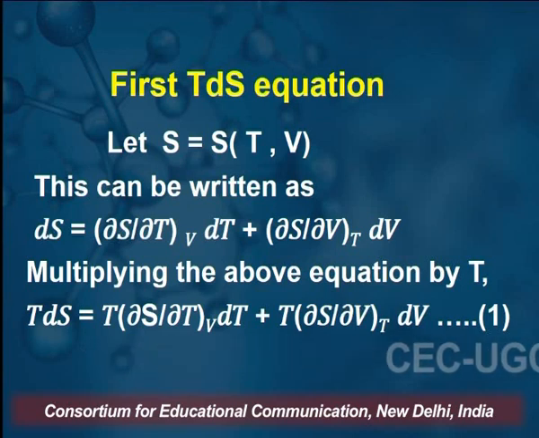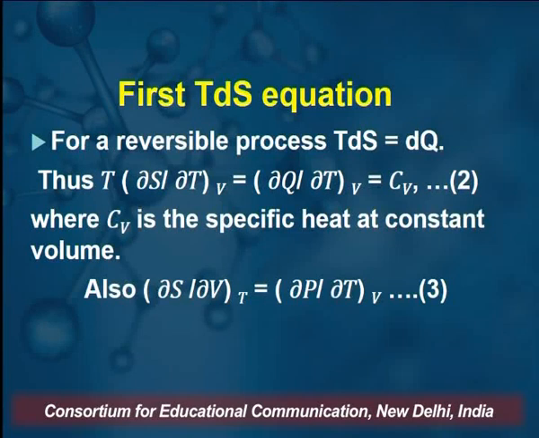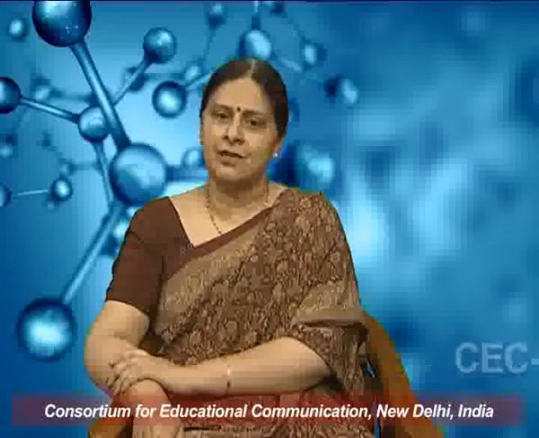Call this equation 1. For a reversible process, TdS is equal to dQ. So we get T delta S by delta T at constant V is equal to delta Q by delta T at constant V, which is equal to CV. Also, because we are studying the applications of Maxwell's relations, we have to use the Maxwell relation.